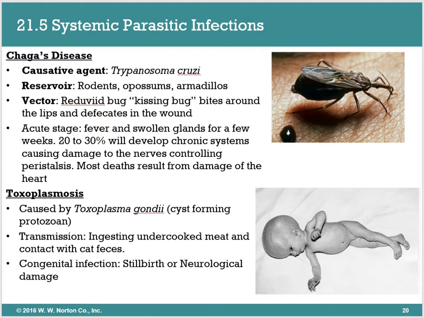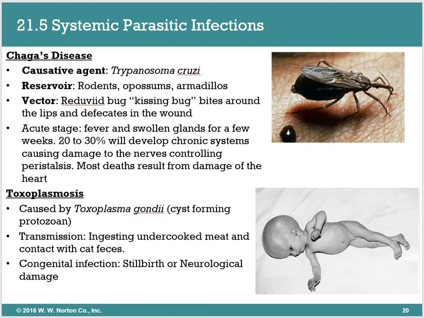And then depending on the person, sometimes it can even develop into chronic disease, meaning that it'll cause damage to the nerves. And then a lot of times, if death happens, it's because there is also damage done to the heart. So that's Chagas disease.